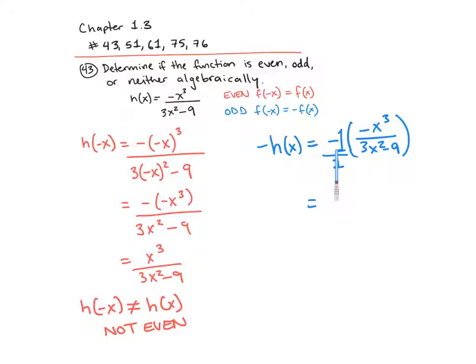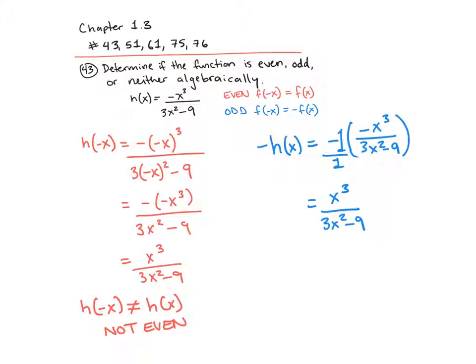So on top, negative 1 times negative x cubed is going to get me back just a positive x cubed. And then on bottom, 1 times 3x squared minus 9 is just going to be 3x squared minus 9. Now, check this out. Remember, for odd, if I plug in a negative input and it's the same as the negative function, then it is odd. Y'all, look at this.